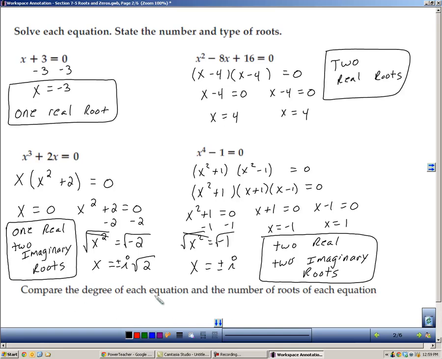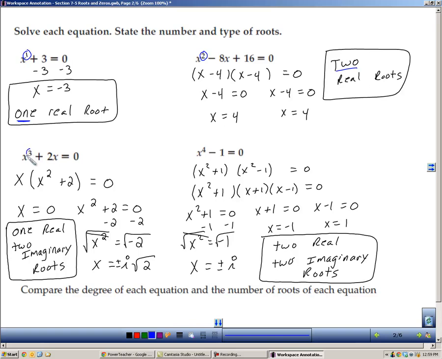Now if you go down here to the bottom, it says compare the degree of each equation and the number of roots. So go back up here. The degree of this equation is 1, and with 1 degree, we ended up with 1 root. Over here, the degree of this equation was a 2, and we ended up with 2 roots.